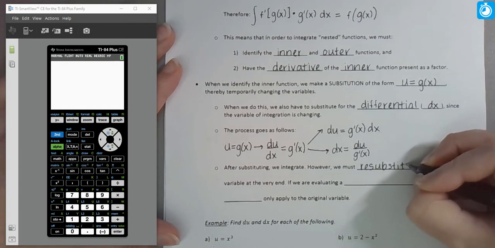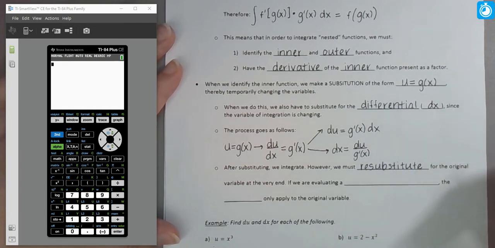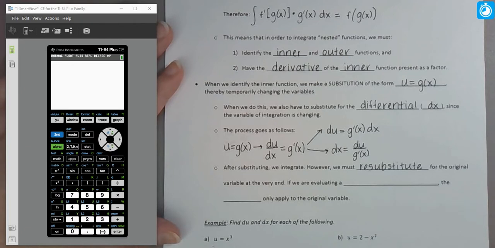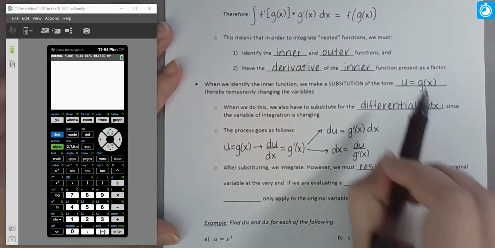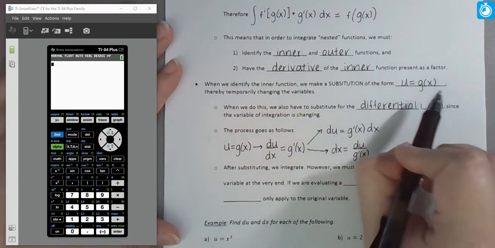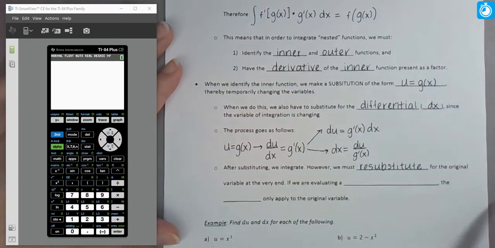When we take everything involving x and replace it with the variable u, we've changed the variable in the problem. And so when we integrate, we've done what we need to do, but we don't actually have the answer to the problem. We don't have the actual integral. We have to resubstitute using the substitution that we assigned. So wherever we see a u at the very end, we'll replace it back with whatever g of x was equal to.